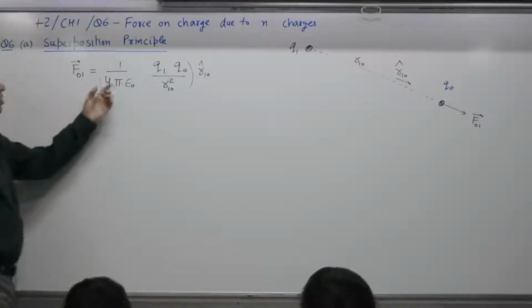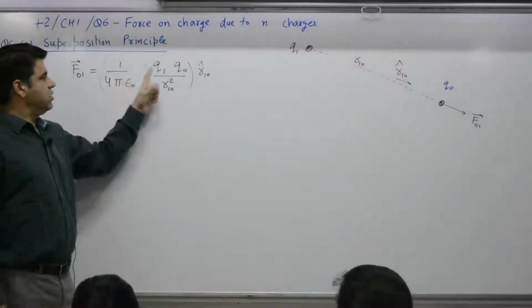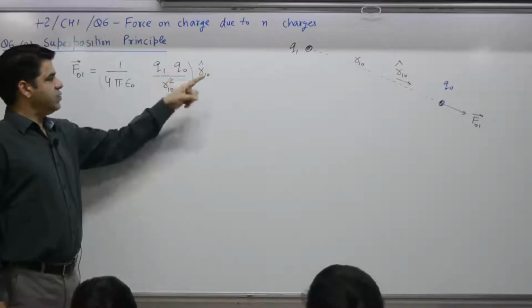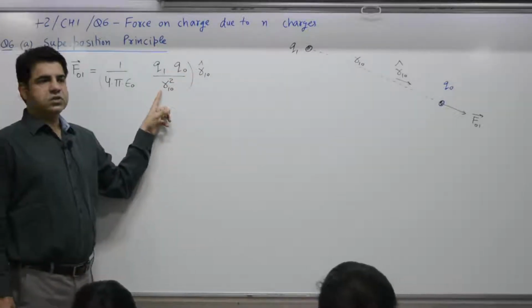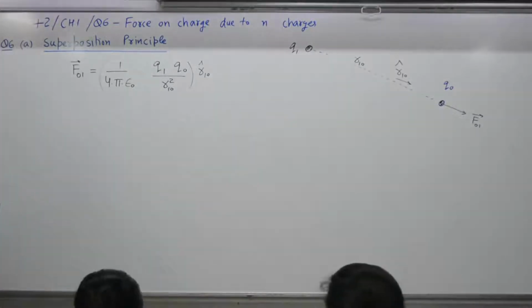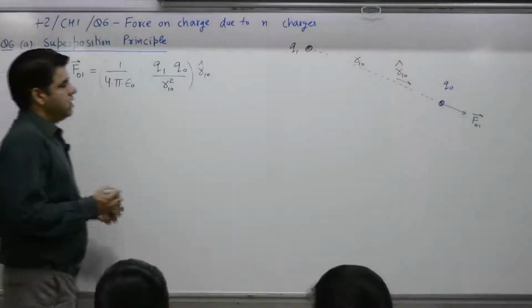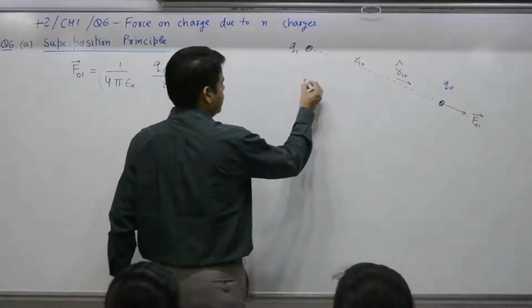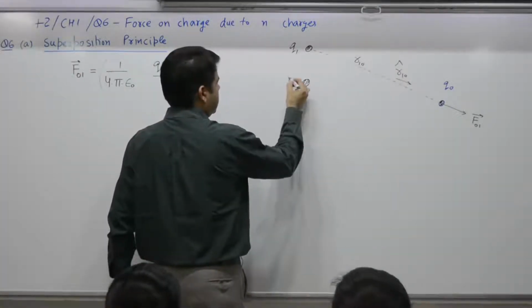Application of Coulomb's law: constant 1 by 4 pi epsilon naught Q1 Q2. Here it is Q naught divided by the square of distance R1 naught. What if there is another charge Q2?